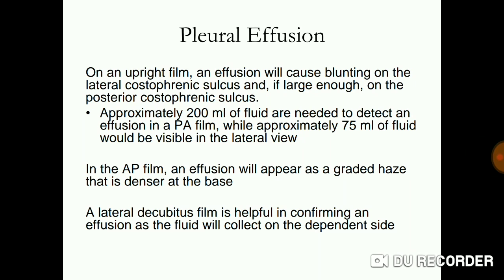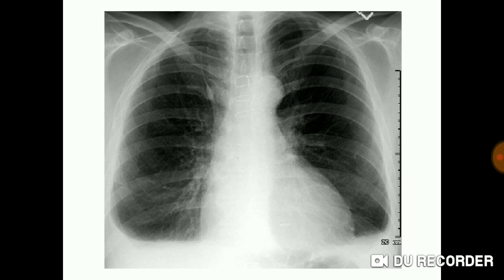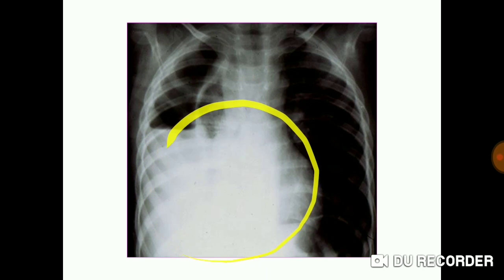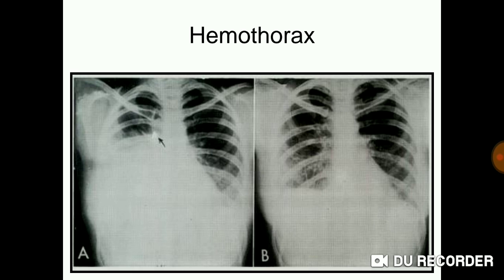In the anterior posterior film, an effusion will appear as a graded haze that is denser at the base. A lateral decubitus film is helpful in confirming an effusion as the fluid will collect on the dependent side. You can see pleural effusion.